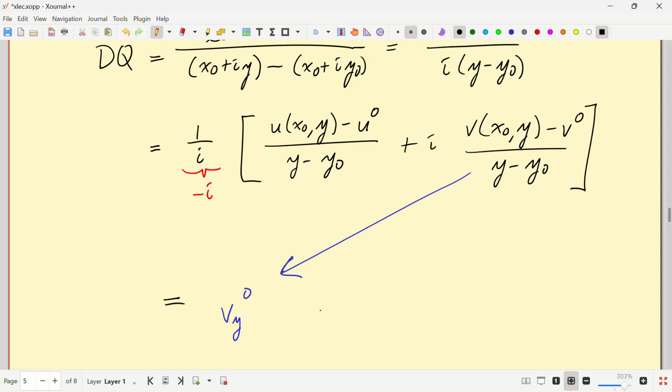And then this one's going to be plus, the other one, I'll use a green line for this one. What do I have? I have minus i in front of that. So this is going to be minus i times du dy.